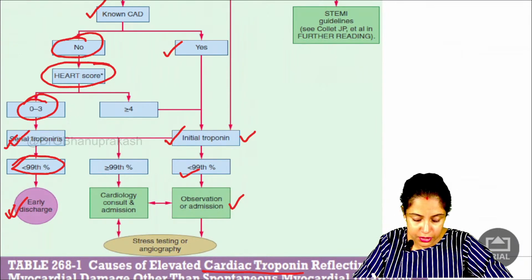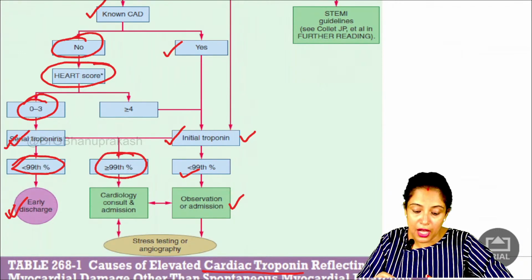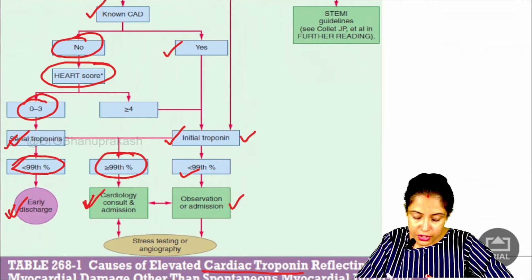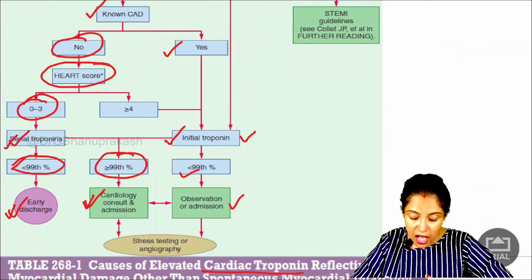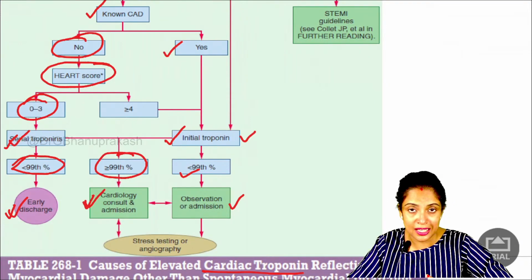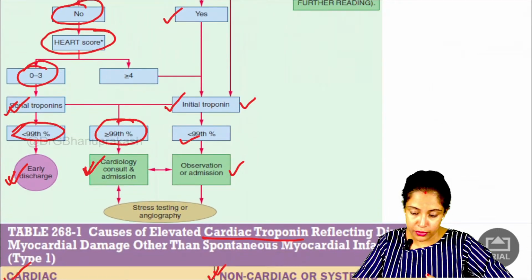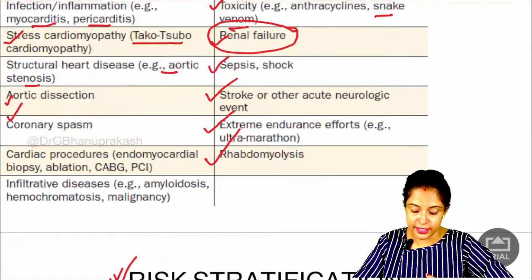Early discharge can be done. If it is the 99th percentile or more of the upper limit, then the patient will require a cardiology consultation or an admission. This is how you decide which patient is discharged early, which patient is admitted into the ward, or which patient requires cardiology consultation.